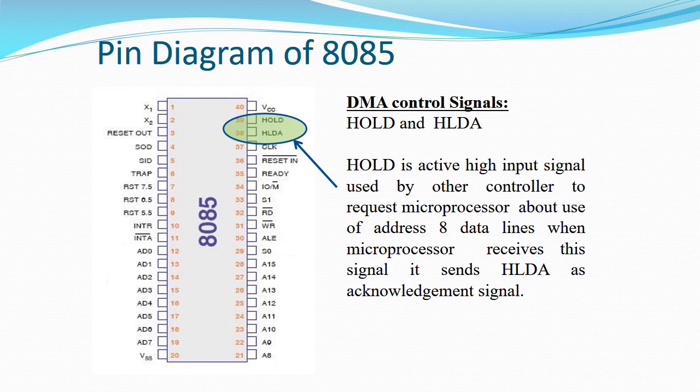Whenever we transfer a large amount of data from one point to another, DMA takes part in that. DMA takes control of the address bus and data bus, which is called a hold, and in connection with that, the processor generates one signal which is called hold acknowledge.